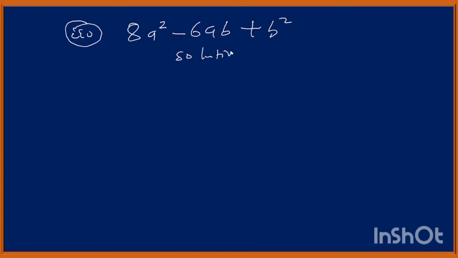So let's look at the next one. To the next one, pay close attention. So the next one is 8a squared minus 6ab plus b squared. So we want to factorize. So the idea is we are treating b as a constant. So we have 8a squared minus 6ab plus b squared.